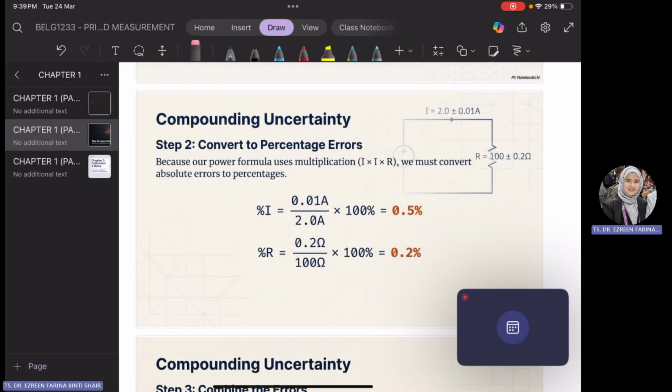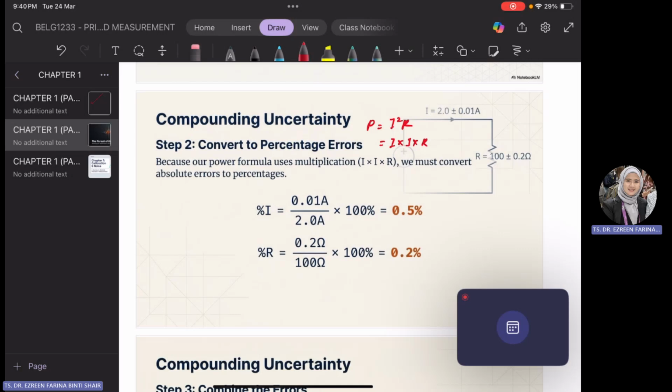The first thing you need to do is remember we have the formula P equals I squared R. This formula is actually I multiply with I multiply with R. So it consists of multiplication.